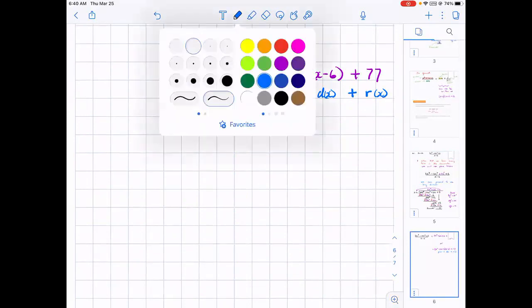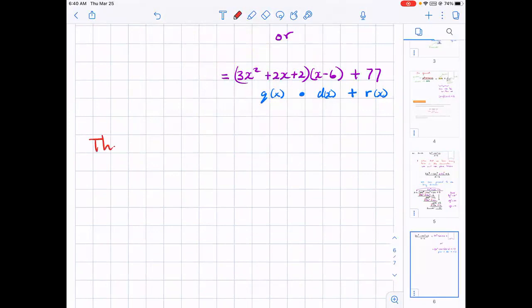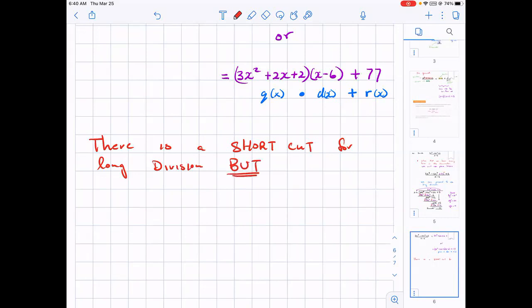There is a shortcut for long division, but there's a big but. It only works if the divisor is linear.